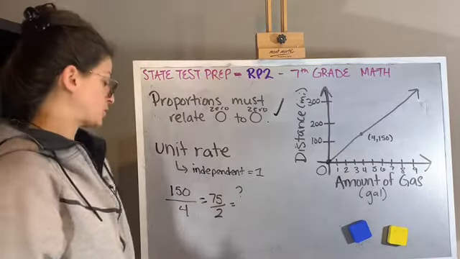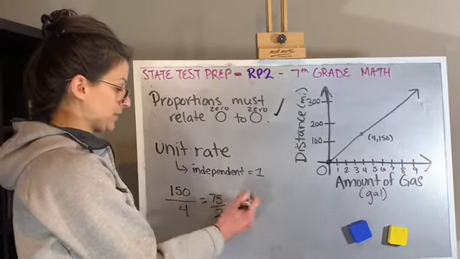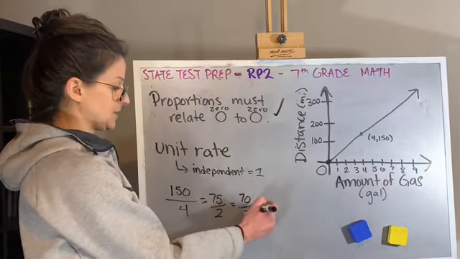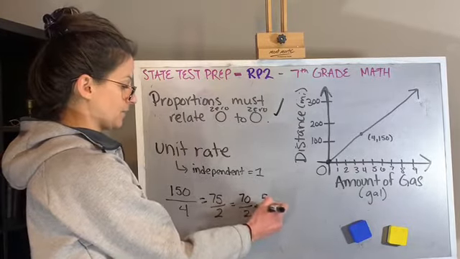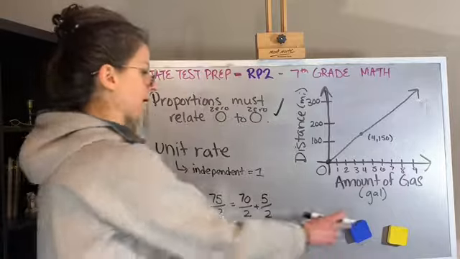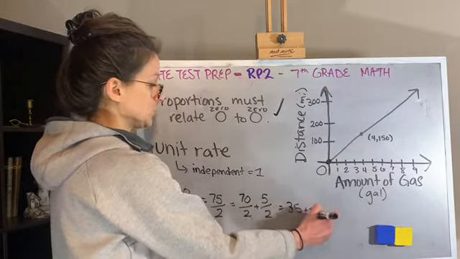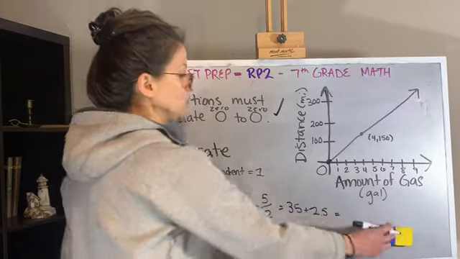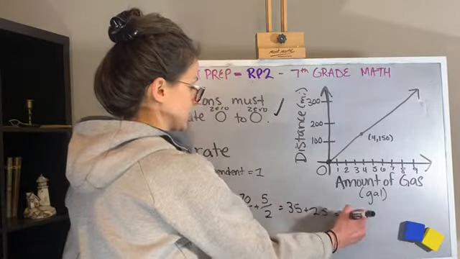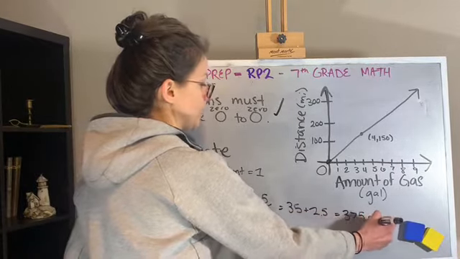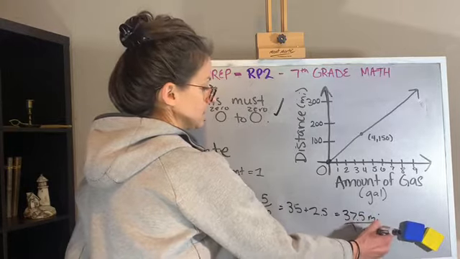That gets me closer. Well, 70 divided by 2 is easy, and 5 divided by 2 is easier for me to think about. So that leaves me with 35 plus 2.5. So my unit rate here is 37.5 miles per 1 gallon.